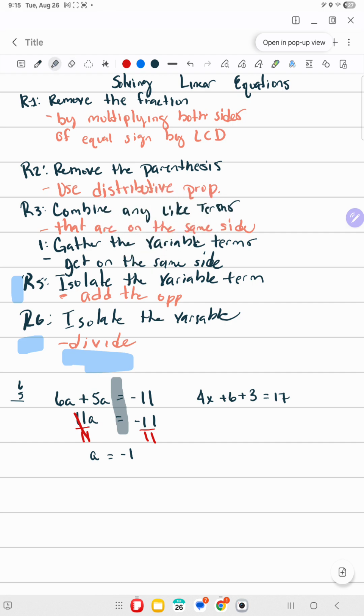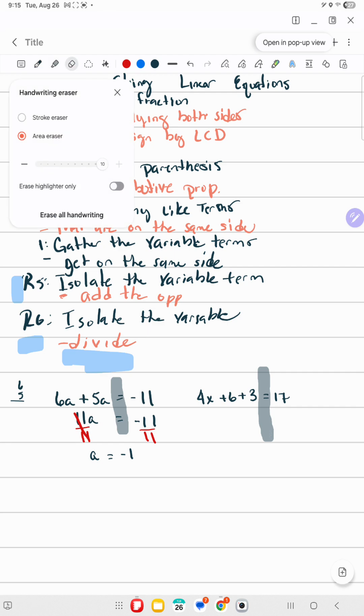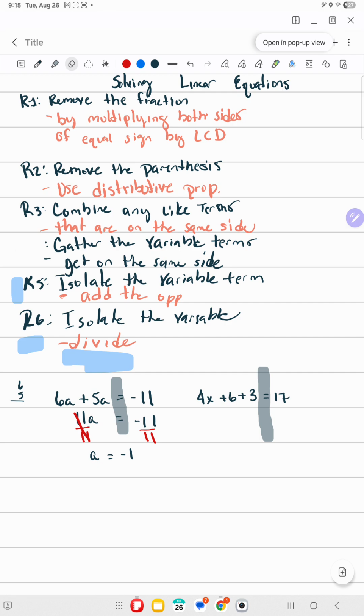Well, again, if your equal sign separates the problem, you ask yourself, do you have any like terms on the same side of the problem? And the answer is yes, I have like terms on the same side.